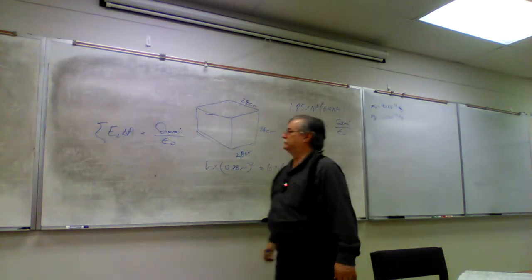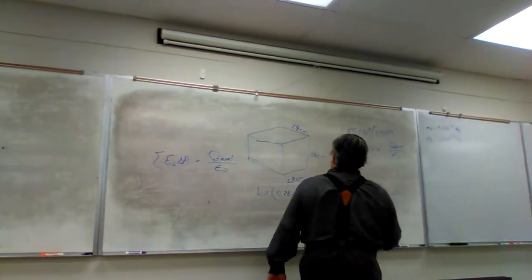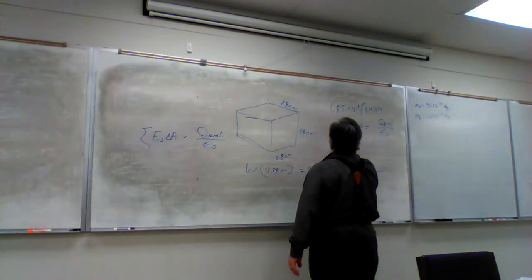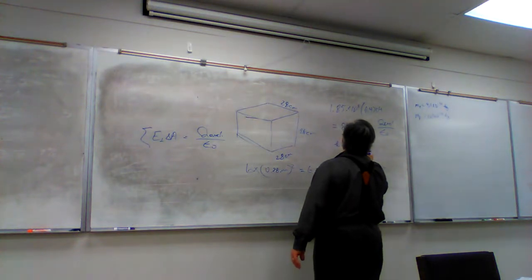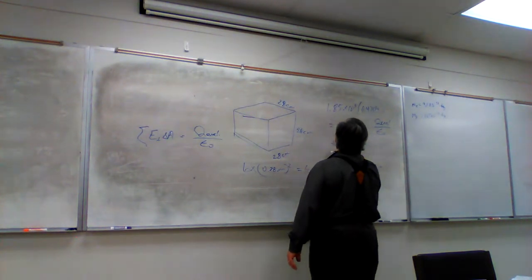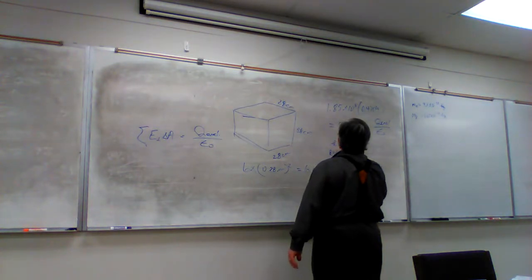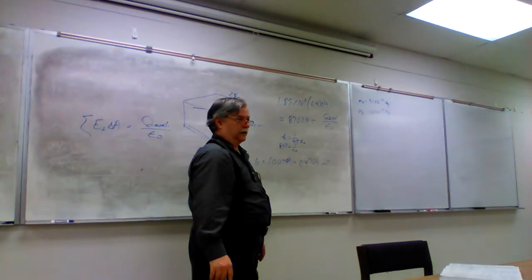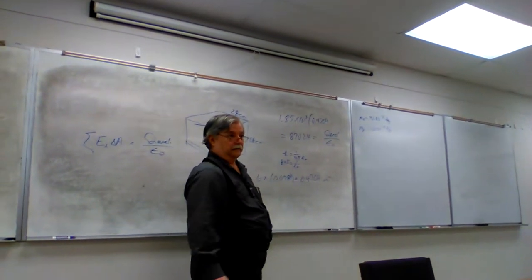Epsilon sub naught. And epsilon sub naught is: k times 4 pi is equal to 1 over epsilon sub naught. Or epsilon sub naught is equal to 1 over 4 pi k.